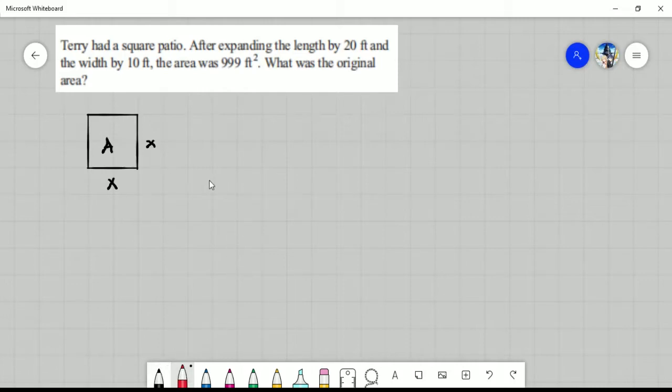So now it said after expanding the length of this square patio by 20 feet and the width by 10 feet, the area was now 999 square feet. Now, since the added measurements to the dimensions are different, it is no longer a square. It is a rectangle now. 20 feet by 10 feet.